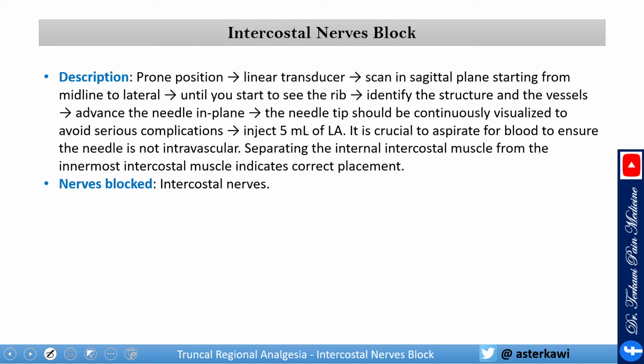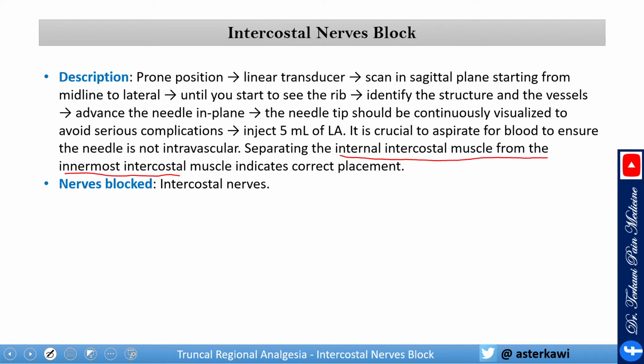avoid serious complication. Inject 5 ml of local anesthetic and it's crucial to aspirate for blood to ensure the needle is not intravascular. Remember, the vein and the artery run with the nerve in the same plane. Separate the internal intercostal muscle from the innermost intercostal.